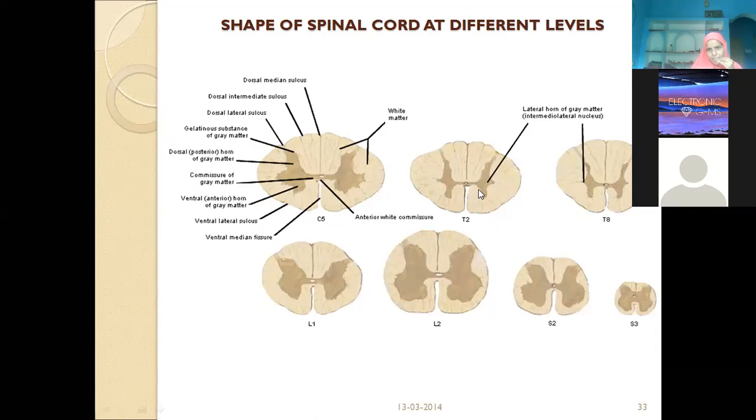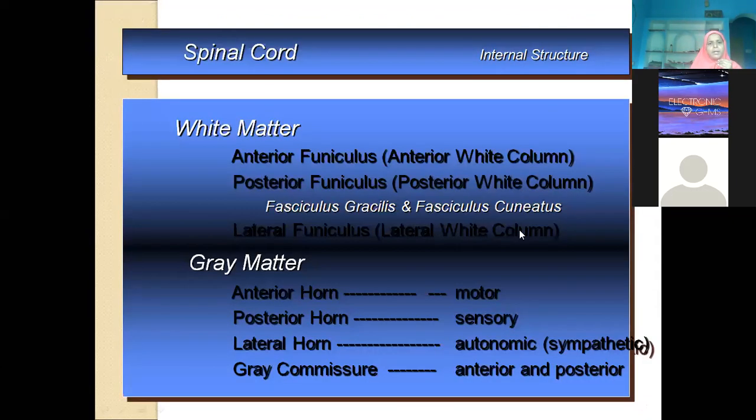Whereas in the thoracic part, you are finding the intermediate horn also, in case of gray matter. These are the different levels at which we have taken the section of spinal cord.